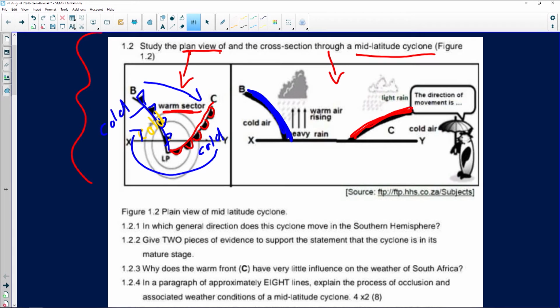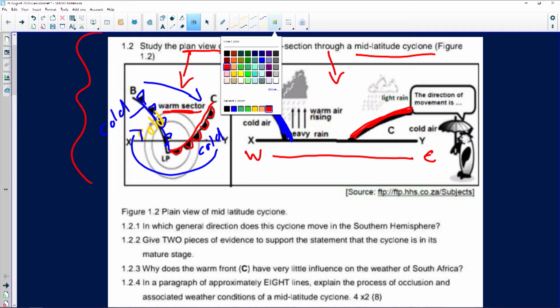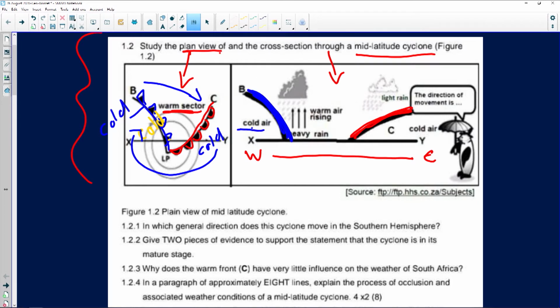Now, if we move over to our cross-sectional point of view, the little cartoon panda, the direction of this movement is what? It moves from west to east. So what basically is happening over here? This cold front is moving, trying to catch up with this warm front.